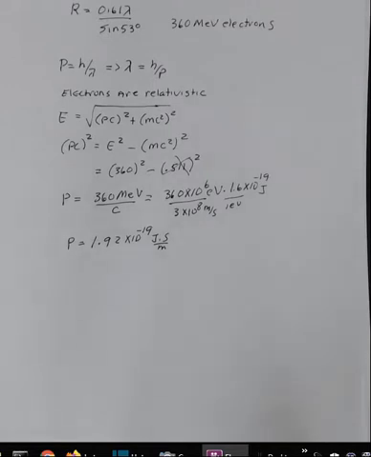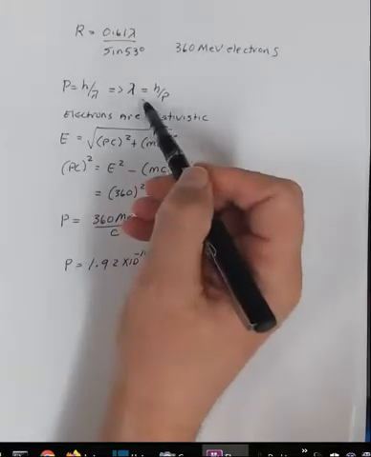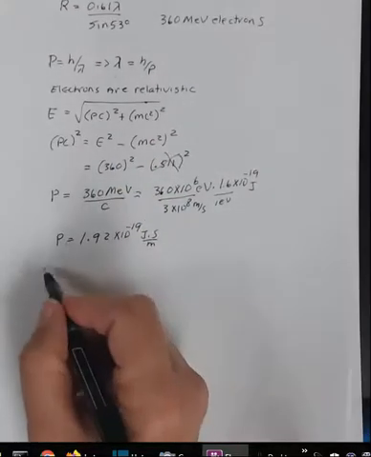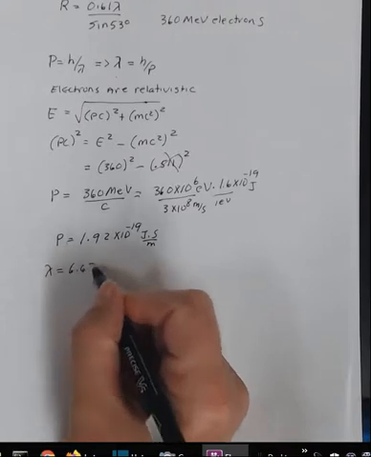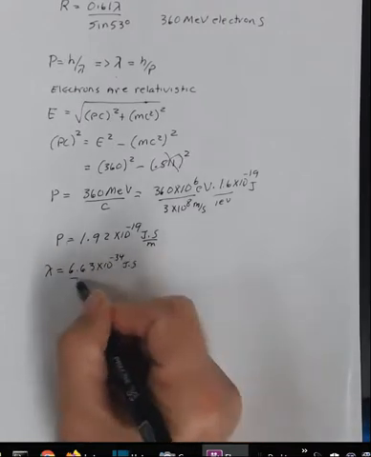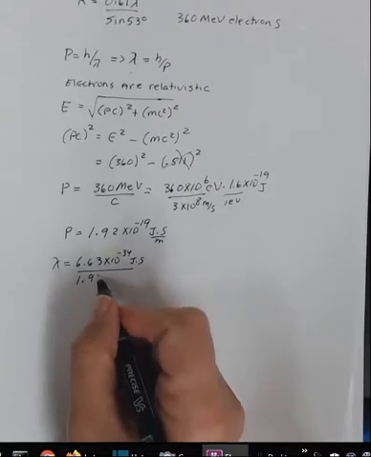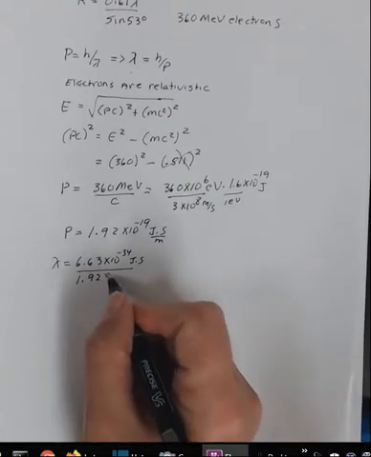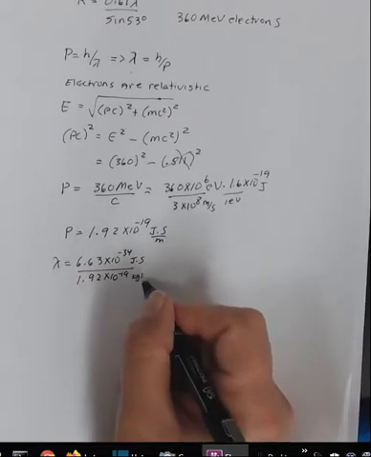All right, so now I can calculate the wavelength. Go back up here. Here's the wavelength formula. So my wavelength is going to be Planck's constant, 6.63 times 10 to the negative 34 joules times seconds, over what we just found for the momentum, 1.92 times 10 to the negative 19 kilograms meters per second.